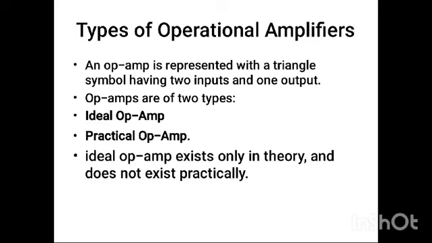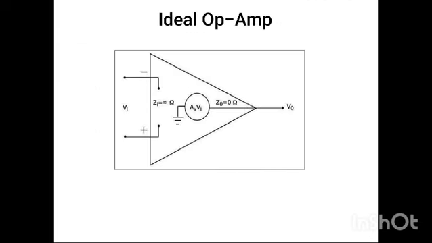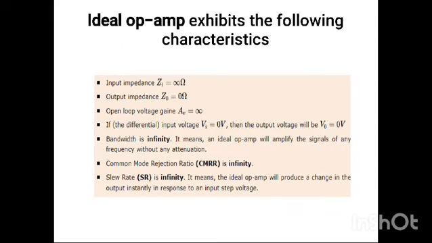The ideal op-amp has some characteristics, and based on these characteristics we design the circuits. Input impedance is very high, that is infinity, and output impedance is very low, that is zero resistance. The voltage gain of the op-amp is very high, that is infinity.